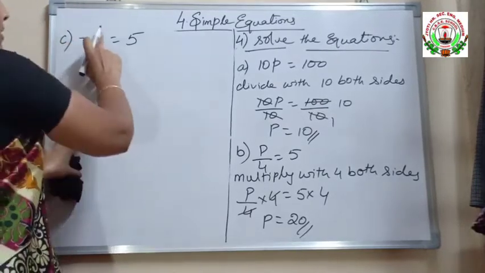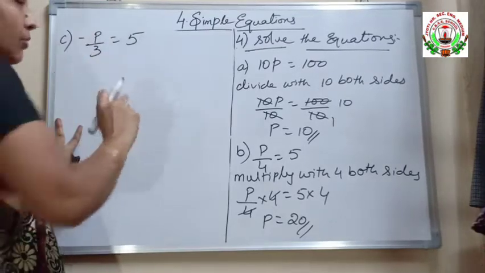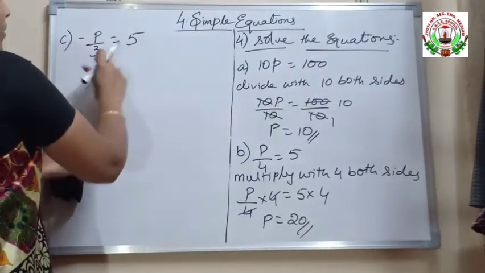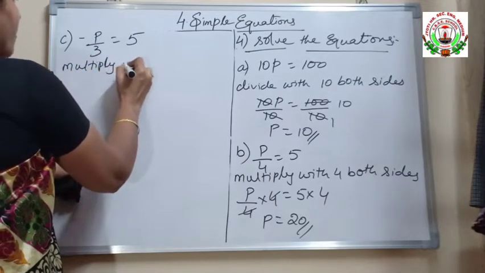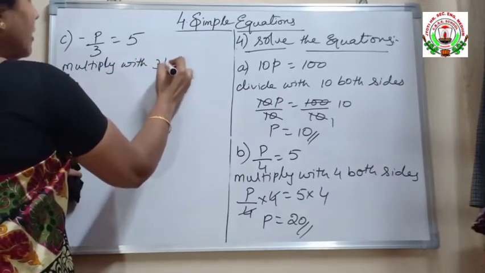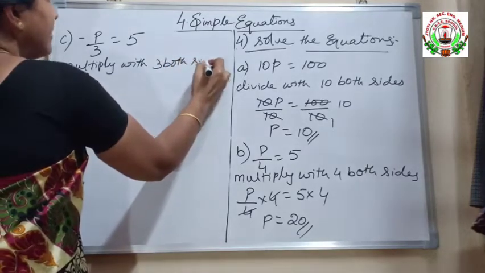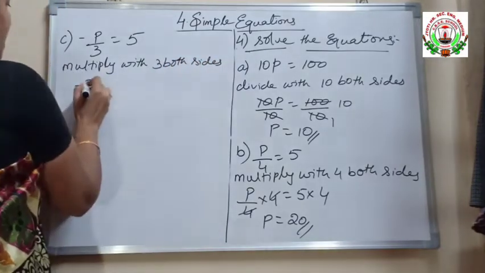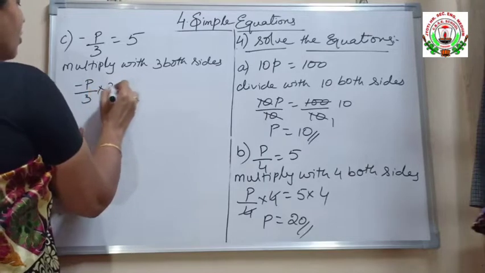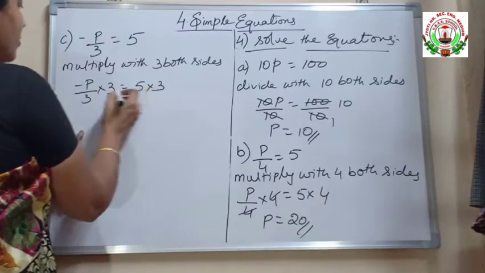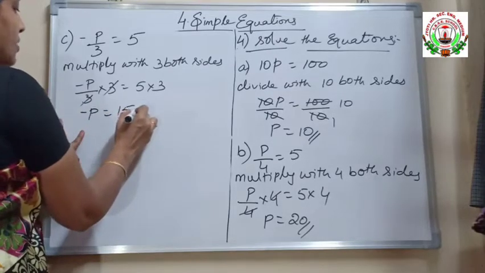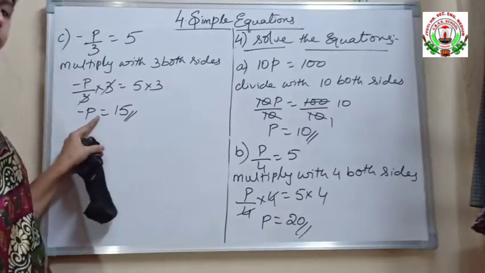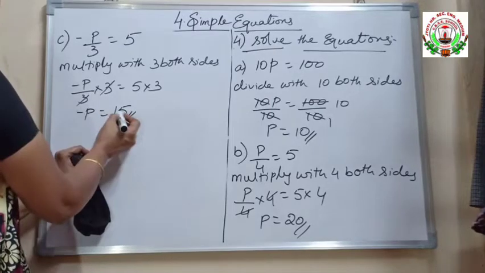Just you have to find the value of the variable only. So here division is given, you have to multiply. So multiply with 3 both sides. So this will be minus p by 3 into 3 is equals to 5 into 3. 3 and 3 got cancelled. So minus p is equals to 15.